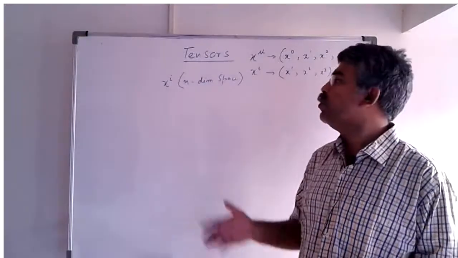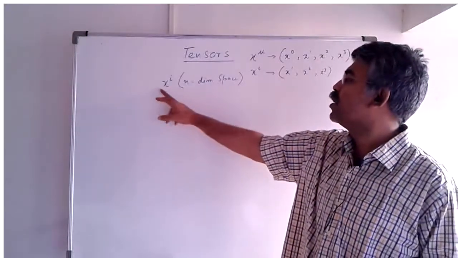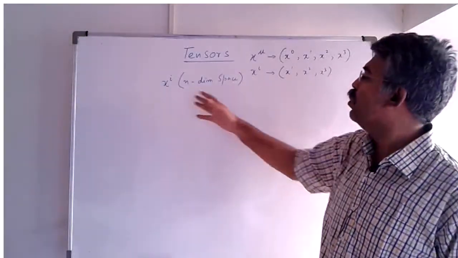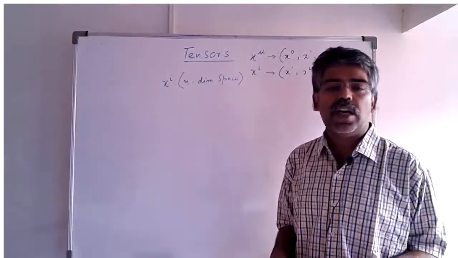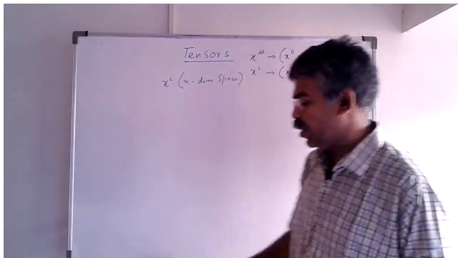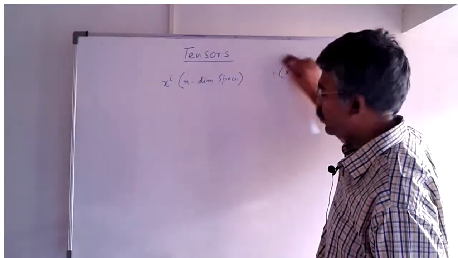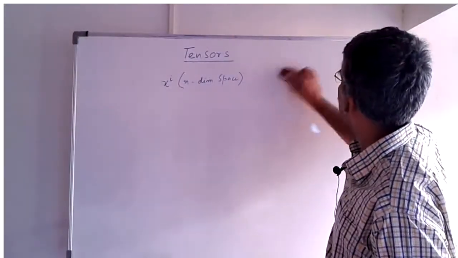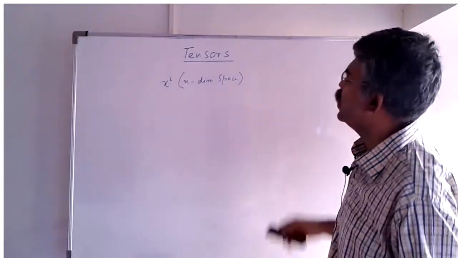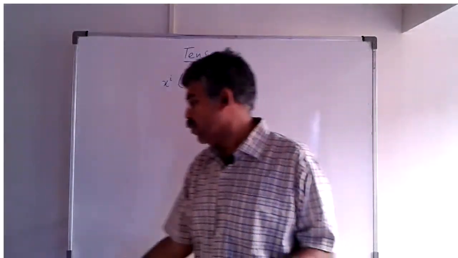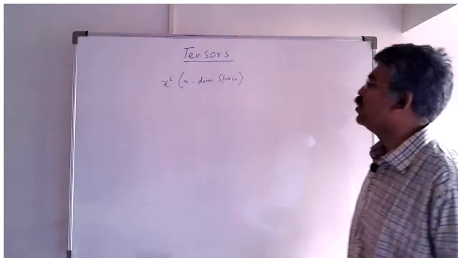So it's not a problem, but we will take this as a single coordinate and we will do the algebra accordingly. So this is a general lecture on tensors. Okay.